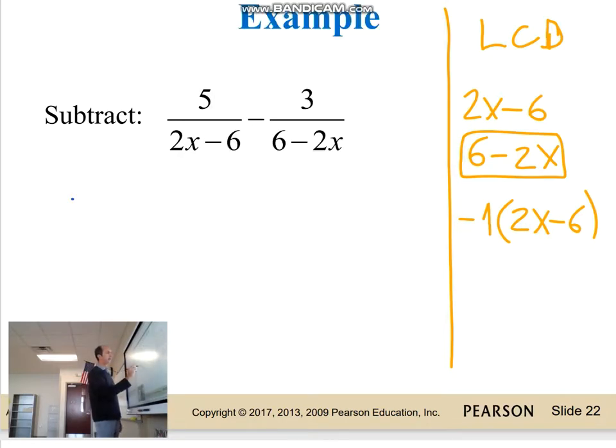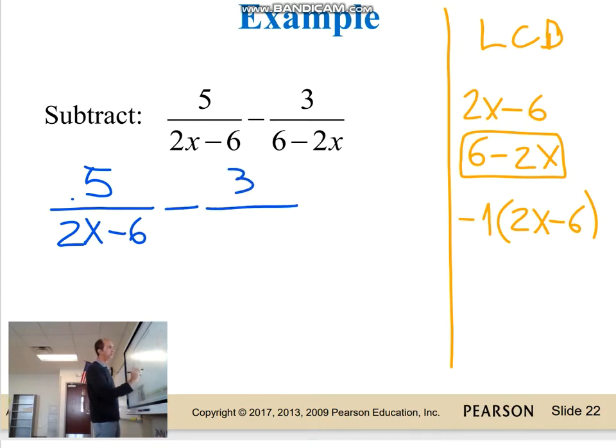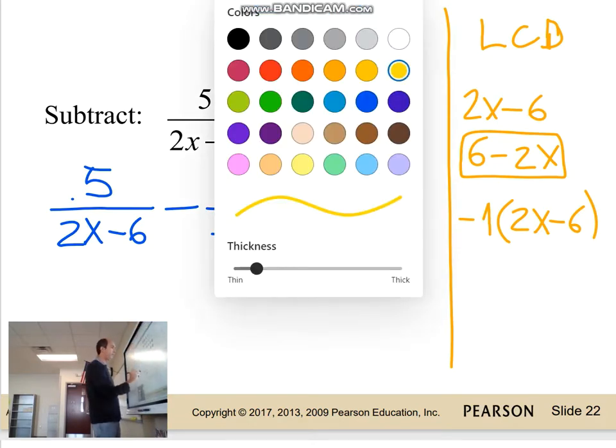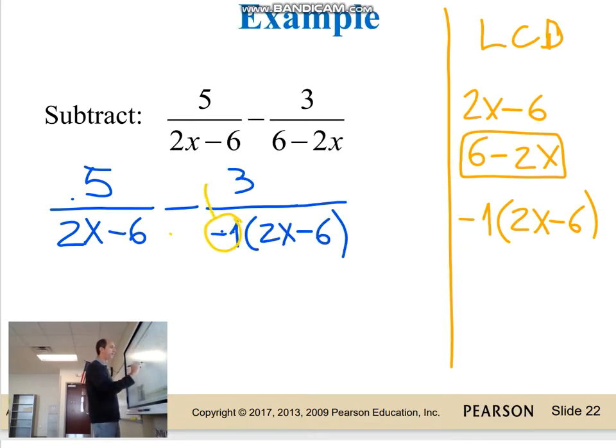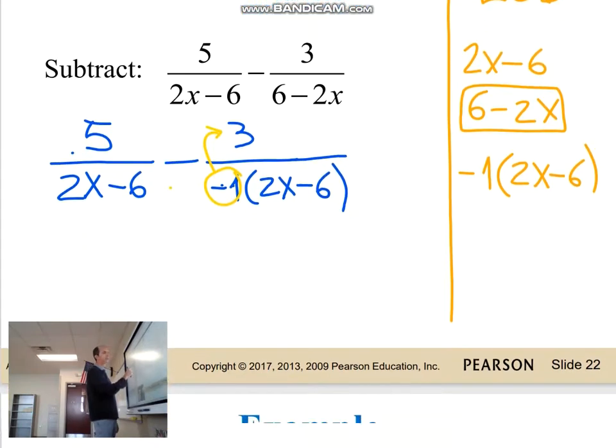So you can write this as 5 over 2x minus 6 minus 3 over -1 times 2x minus 6. This -1 you can move to the numerator.